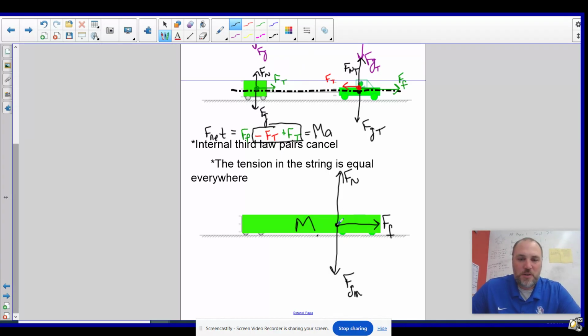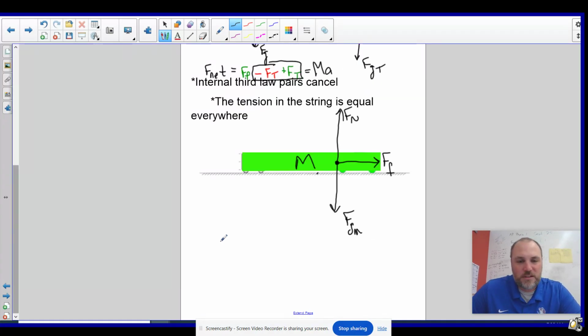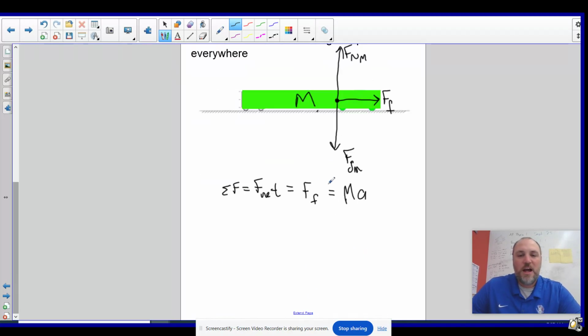So it allows me to draw this simplified free body diagram, and I could very easily sum my forces or find the net force. And in this case, since normal and gravity are in equilibrium, the net force is just the force of friction, and that would be equal to mass times acceleration. I could then find the acceleration of the system by taking the force of friction divided by the total mass.